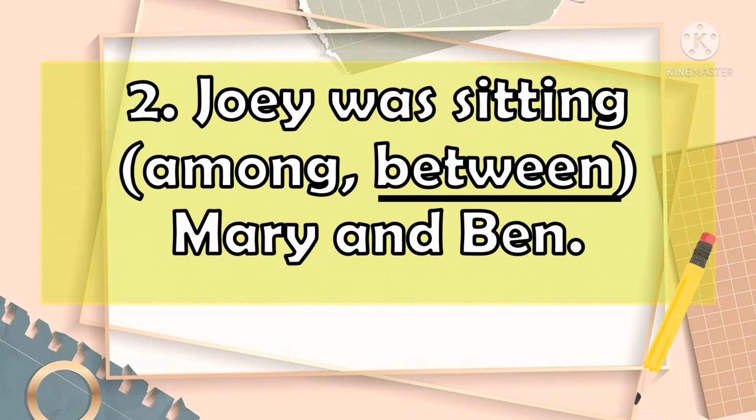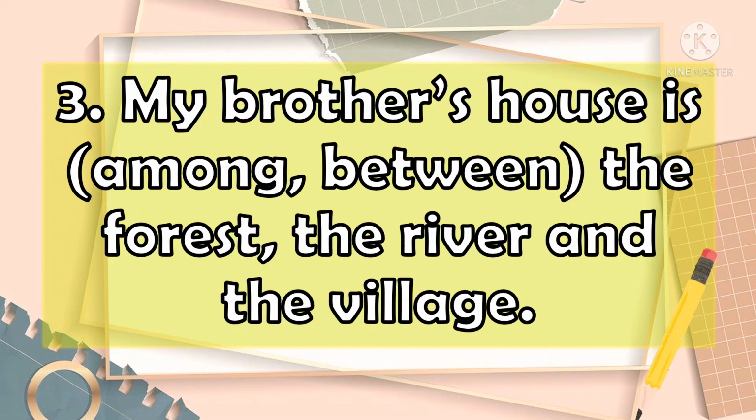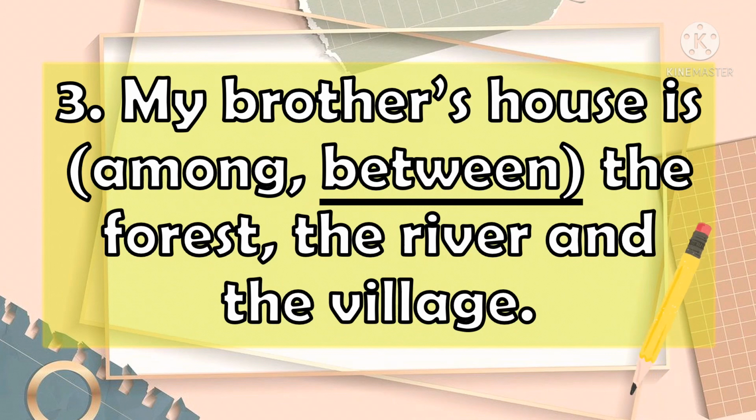It's between. Joey was sitting between Mary and Ben. Number 3. My brother's house is blank, the forest, the river, and the village. What should be the underlined preposition? Very good. It's between. My brother's house is between the forest, the river, and the village.